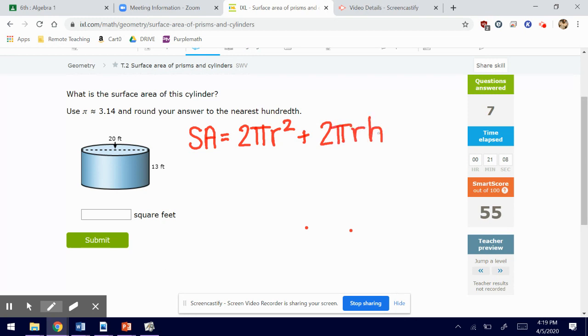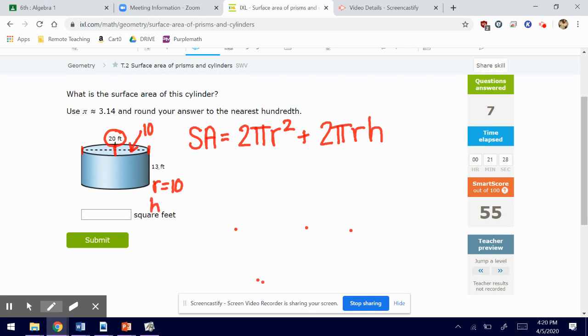I've got to figure out what my r and my h are. Up here, this is the diameter because it goes from edge to edge. I only need from edge to center. So I only need half of 20, and half of 20 is 10.